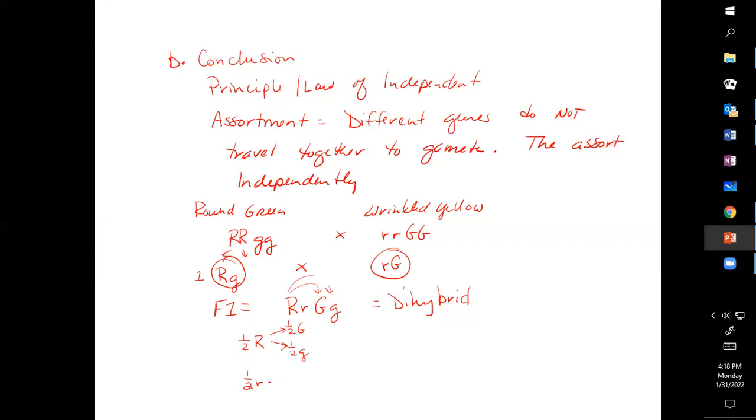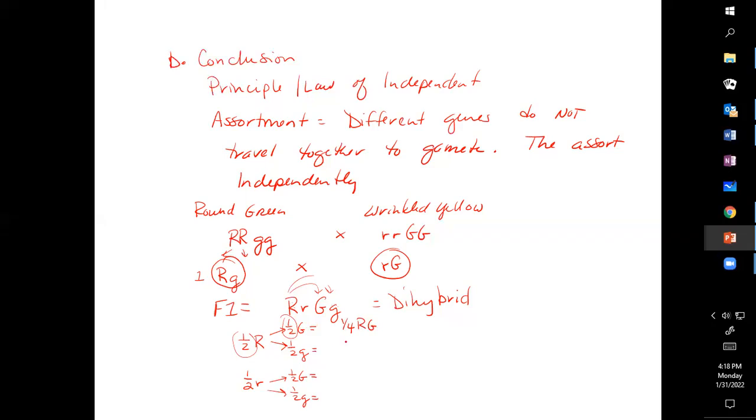And the same for the little r: half of the time it would end up with big G, and half the time with little g. So for the gametes that result, if these were independently assorting, we could take our frequencies and multiply them together. 1/4 of the gametes would be big R, big G.